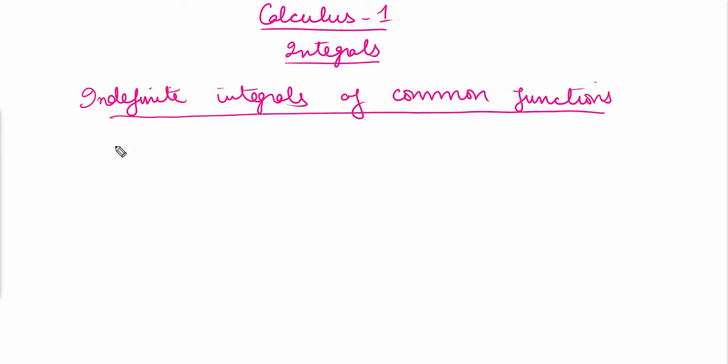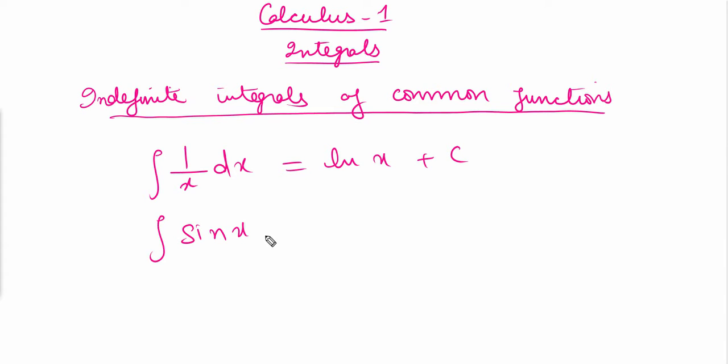Alright, so indefinite integrals of common functions. Let's suppose we have a function 1 over x. We have to integrate it with respect to x, so I'll put the integral sign and dx. That will be equal to ln x, and because it's an indefinite integral, we'll add the constant. Similarly, the integration of sin x will be equal to negative cos x plus constant.